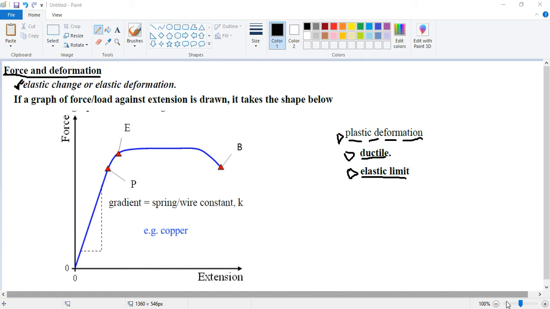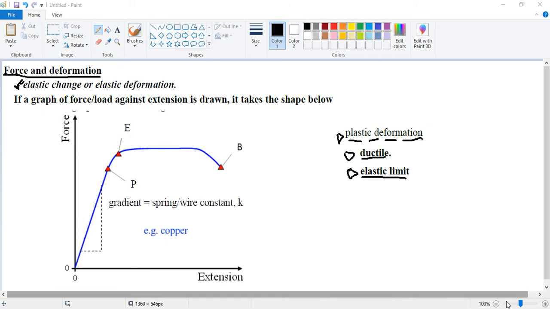When a material is elastically deformed, if the deforming force or the load is removed, the material is able to regain its original length, its original shape.